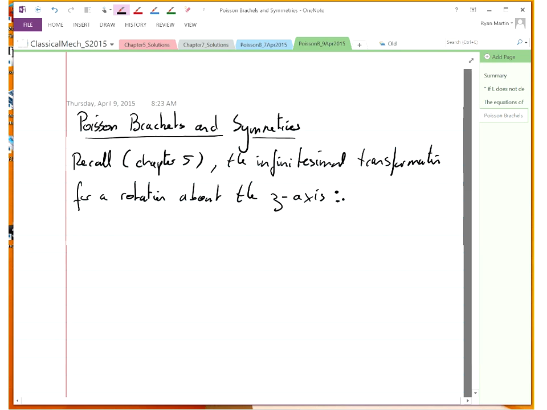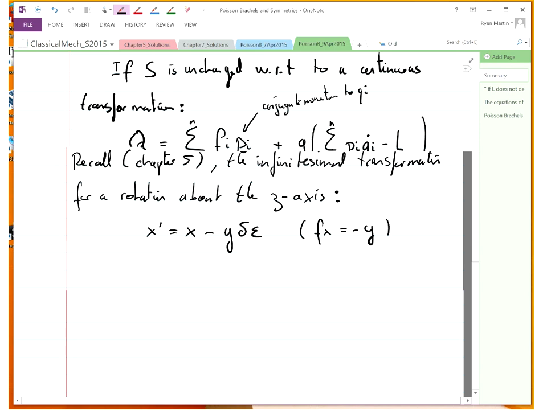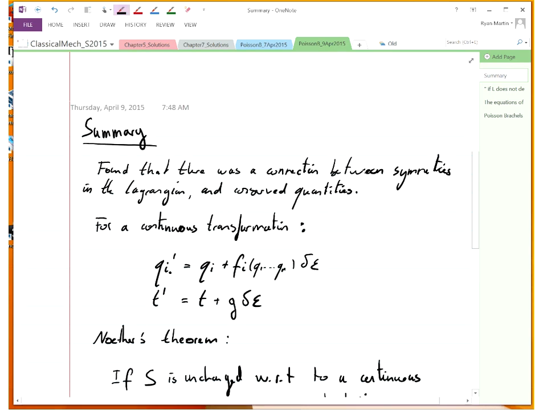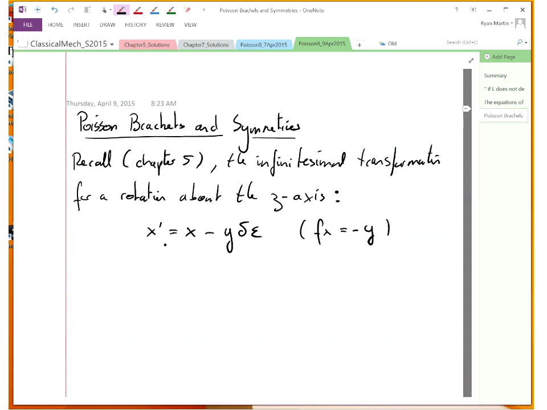So we found the coefficients Fi that correspond to a rotation about the z-axis. We found in particular that x prime was given by x minus y delta epsilon. So the coefficient Fx that goes with x was minus y. I'm rewriting these transformation equations here, as I said in the beginning, specifically for the case of rotation about the z-axis in Cartesian coordinates.